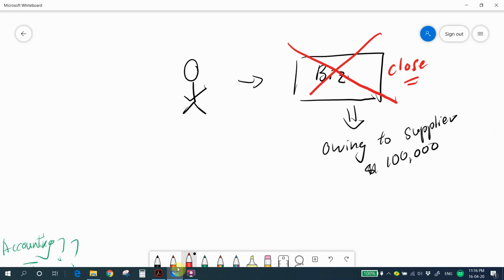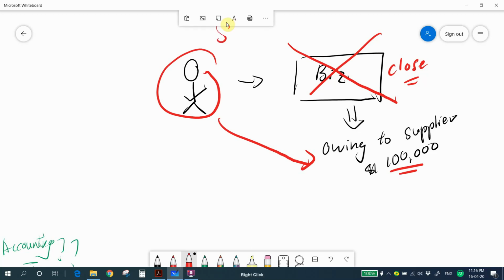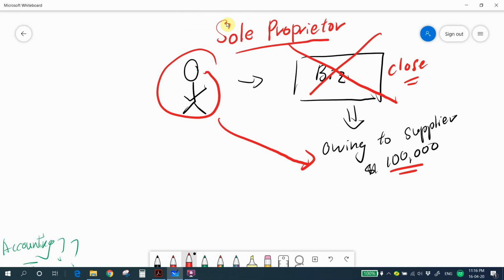So question, since the business is closed, as an owner, do I need to pay the amount owing to the supplier, 100K? Assuming you are a sole proprietor. The answer is yes. As an owner, you have to pay on behalf of the company to your supplier, even though your company is closed.